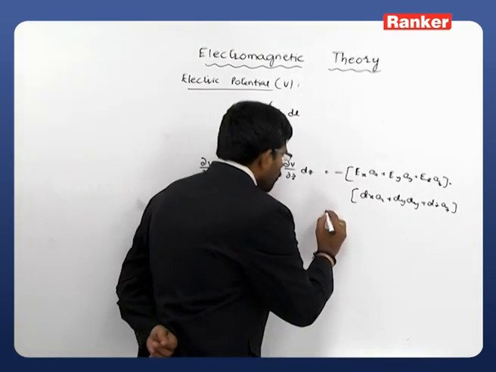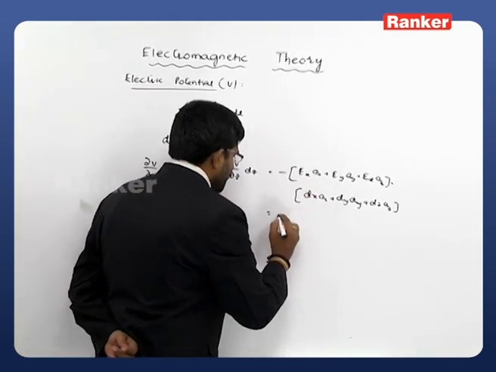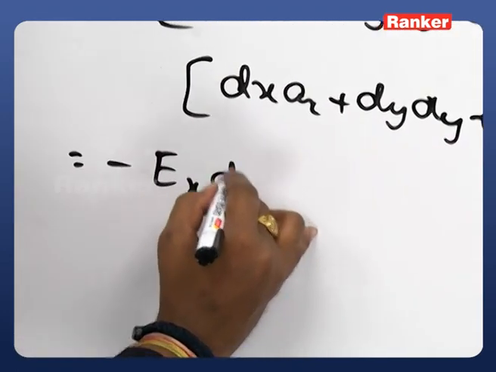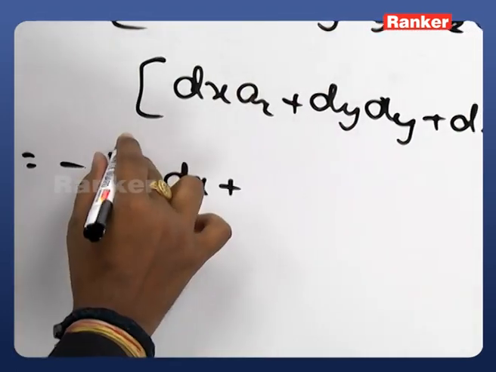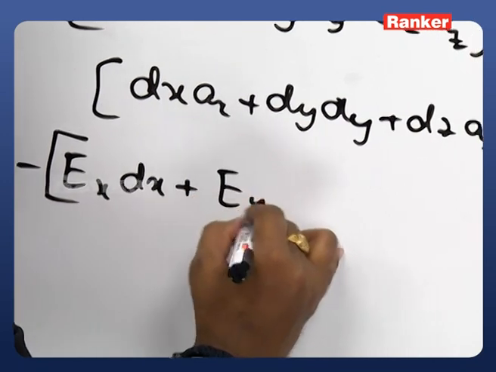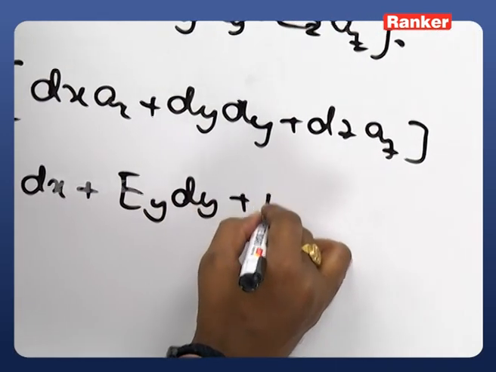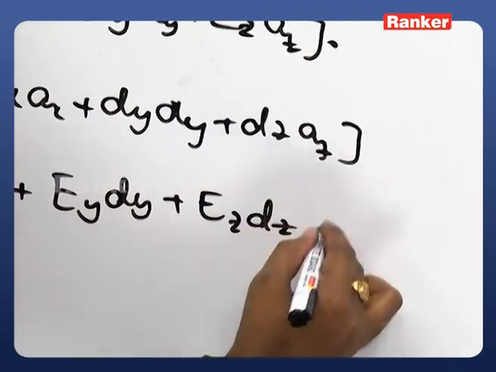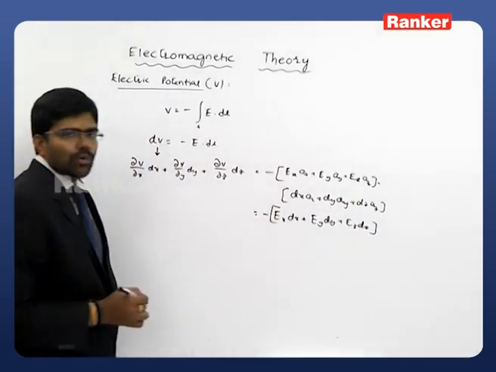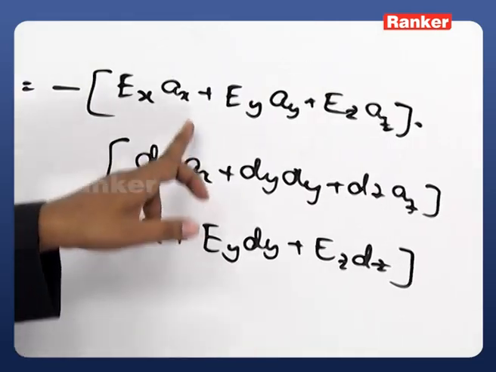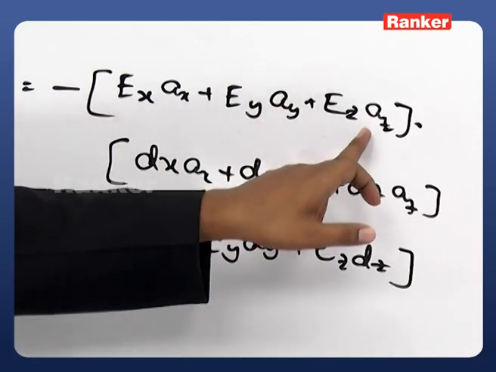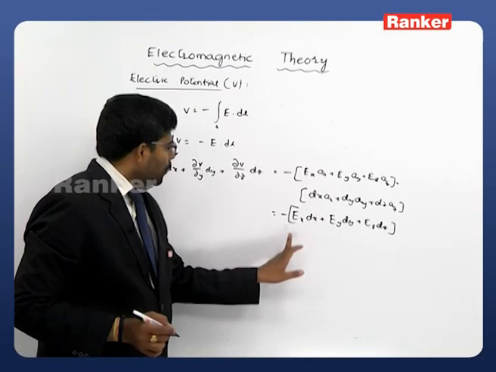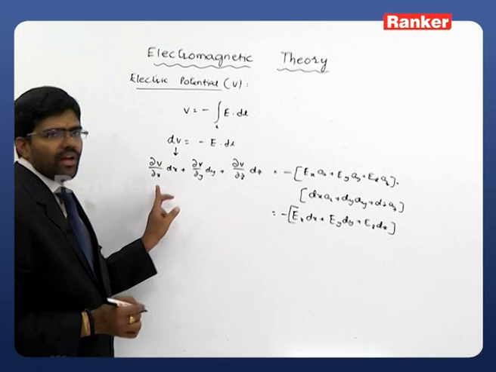So which is equal to, if you take the dot product, minus Ex dx plus Ey dy plus Ez dz. This is the right hand side we have after considering the dot product between Ax and Ax, Ay and Ay, Az and Az. Now compare the right hand side term with the left hand side term.